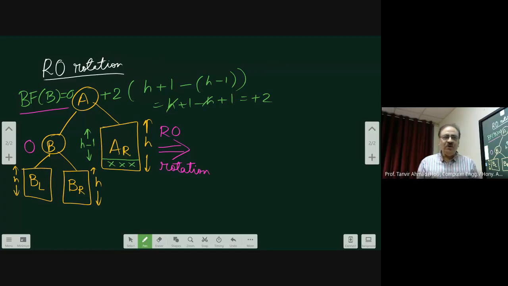Now, I'll directly write the results, and that will be quite easy for you to understand. I will be putting B as the root. Then I will have A over here. I will have AR over here.